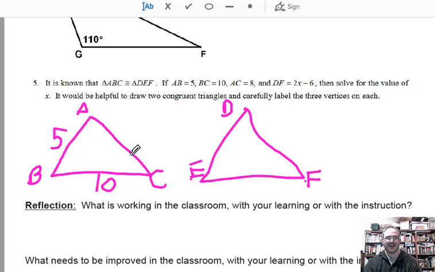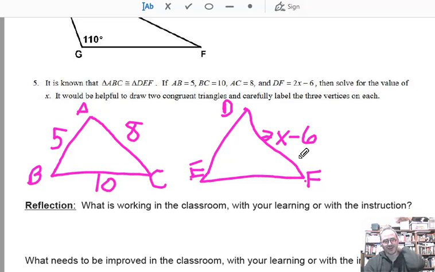BC is 10. AC is 8, and then DF is 2x minus 6. I know that's terrible, but the best I can do.